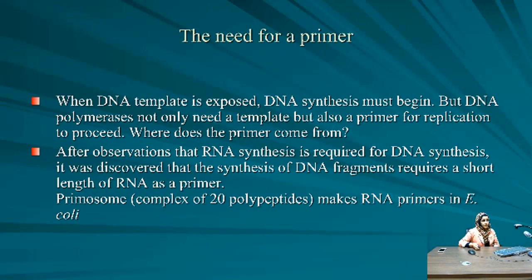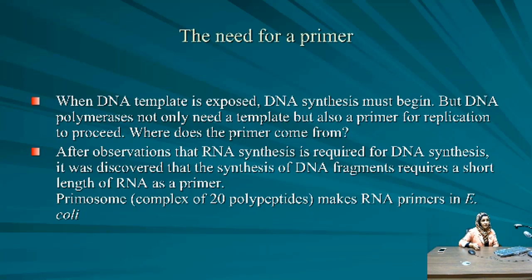The need of a primer. When the DNA template is exposed, DNA synthesis must begin, but DNA polymerases not only need a template but also need a primer for the replication to proceed. After observations, it was found that RNA synthesis is required for DNA synthesis.